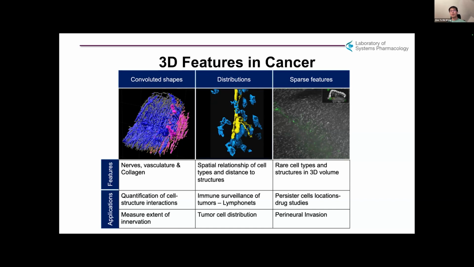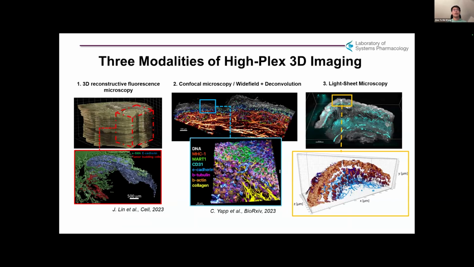And so in our lab, there's really 3 modalities of high-plex 3D imaging that's currently ongoing. The first is 3D serial section reconstruction, and that is using existing techniques, but taking adjacent slides. Although you could skip some of those slides, it's very good for integrating different modalities like H&E or omics. And so this was demonstrated in a paper by Jerry Lin in 2023.